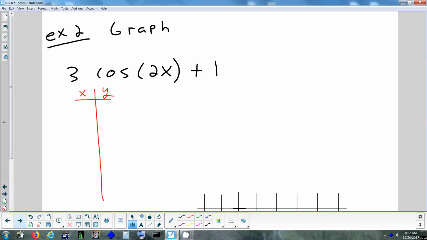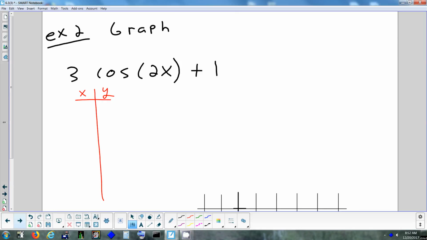Well, Juliette, which transformation out of those 3 do I do first? Yep, we're going to do the period change first. Okay, so period change. Trevor, how does a period change affect the graph? What does that do? It stretches it out, right?